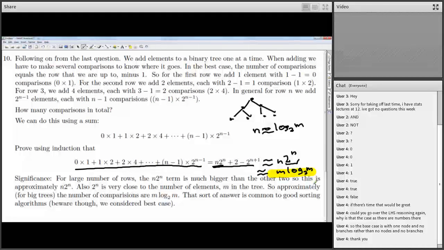And good sorting algorithms, and this is a sorting algorithm, tend to have m log m as the number of comparisons required. So this shows you that in the best case, this is a nice, good sorting algorithm. Its worst case is pretty bad. It's much worse than that. And so a binary tree is useful sometimes, I guess, is the conclusion.